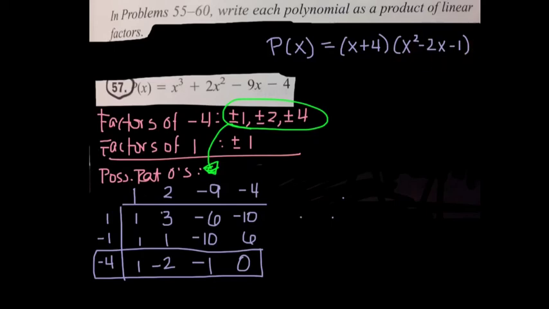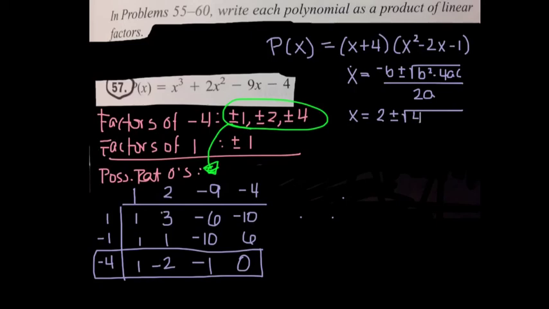And again, the quickest way to break that down is probably the quadratic formula, which is x equals the opposite of b, plus or minus the square root of b squared, minus 4ac, all over 2a. b in this case is negative 2, the opposite of that is positive 2, plus or minus the square root of b squared, negative 2 squared is 4, minus 4 times a times c.